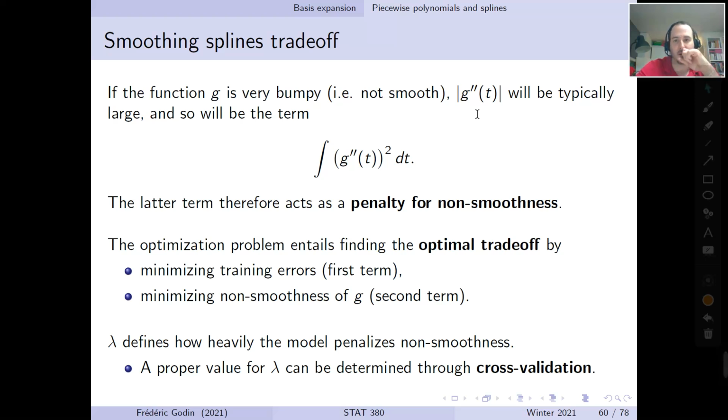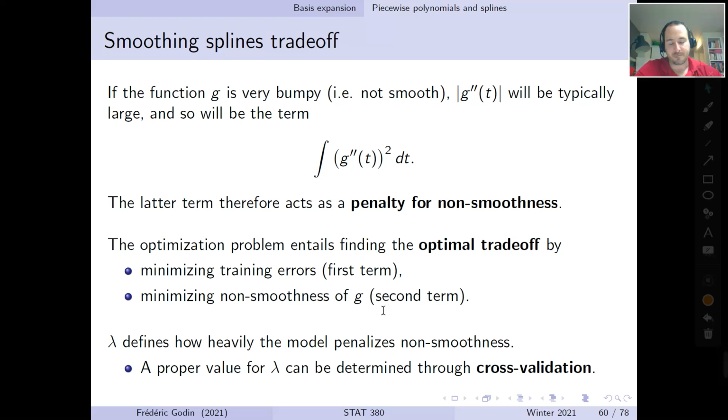So this second term is a penalty which tries to reduce the bumpiness of the prediction function, where the prediction function is a mapping between the value of the predictor x and the predicted value of the response. This entails finding some optimal trade-off between minimizing training errors, so accuracy in sample, and minimizing the bumpiness, or non-smoothness used in a loose way, associated with the prediction function.